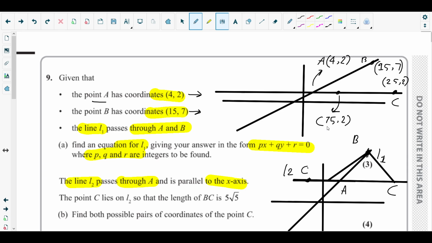Okay, now which one would give us the smallest area ABC? This is one and this is the other. We need the minimum possible area. So which one will give the minimum possible area?